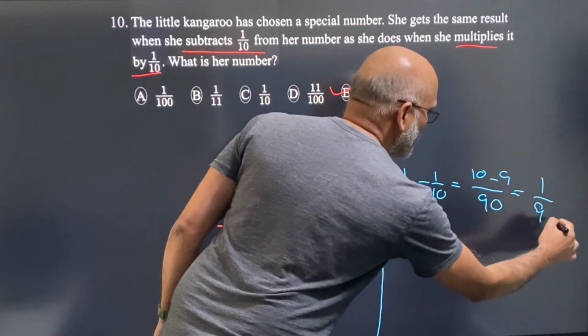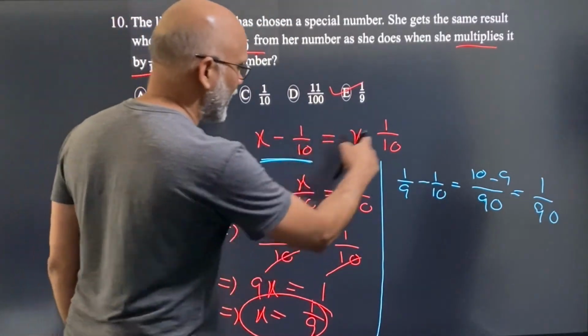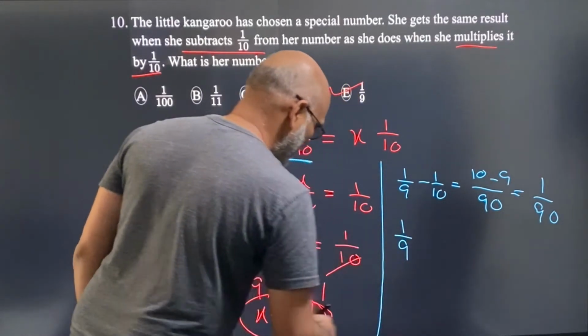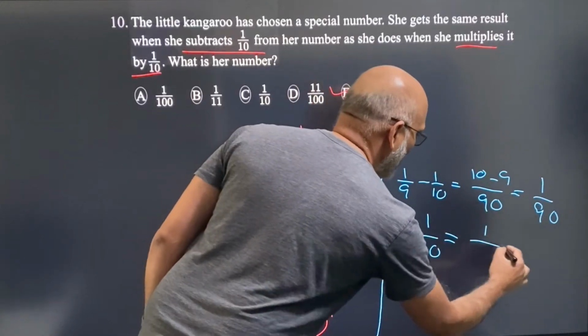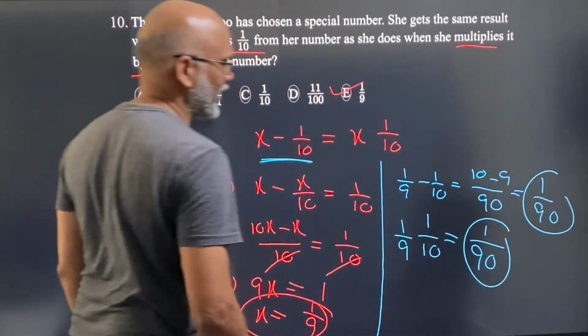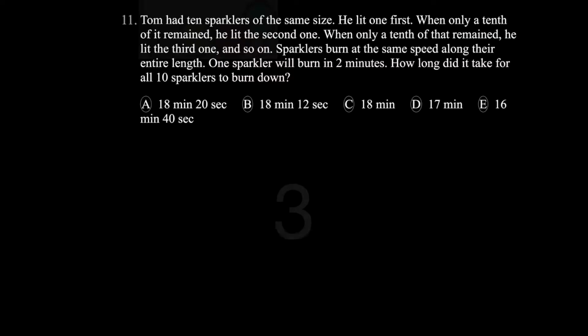So 1 over 90. Okay. So this is x minus 1/10. How about x times 1/10? So x is again 1/9 times 1/10, which is equal to again 1 over 90. So we arrive at the same result, right? So that just verifies that we didn't make any mistake here.